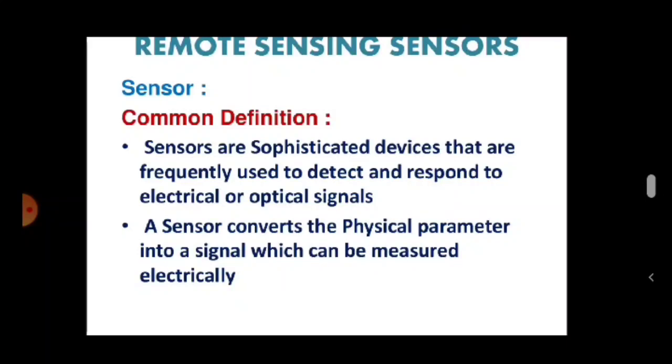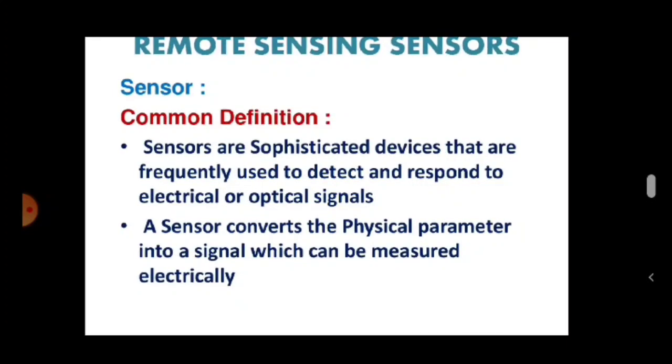One is the energy source. It emits electromagnetic radiation, as an example the sun or any other energy source. So that's stage one of remote sensing.